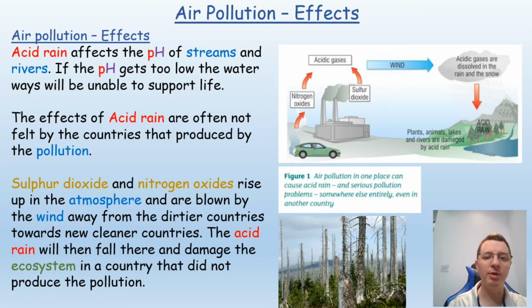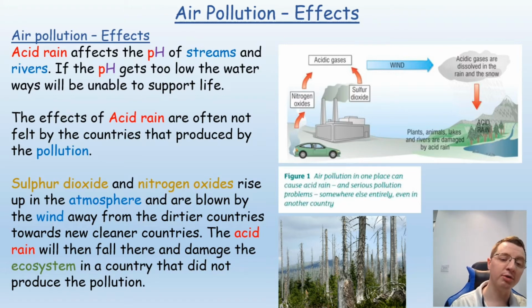So let's look in more detail at these effects that acid rain can have. Acid rain will affect the pH of streams and rivers, and if that pH gets too low and becomes highly acidic, then the waterways will be unable to support life. The effects of acid rain, as I've already mentioned, are not often felt by the countries that produce the pollution.